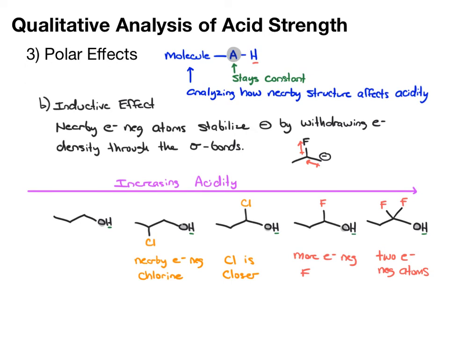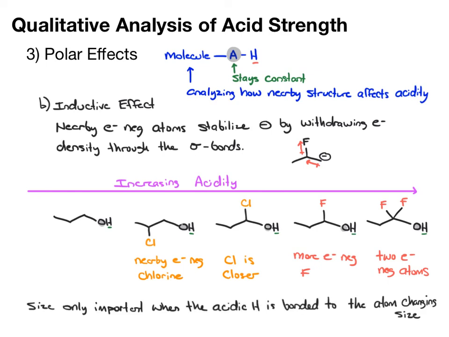In this case, this is an inductive effect because the acidic proton is on the oxygen. That atom doesn't change. So in this case, it's an inductive effect that electronegativity matters. For the size effect, it's only when the hydrogen is bonded to an atom changing size.